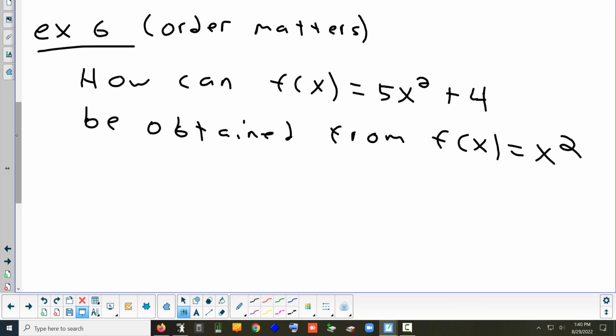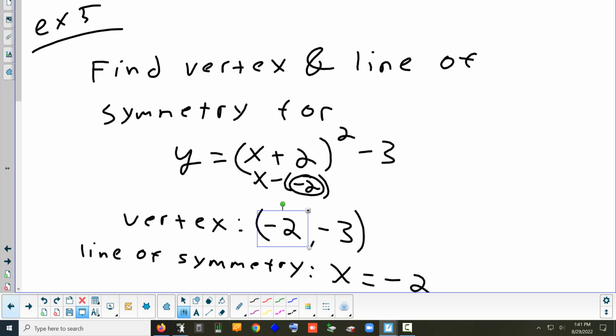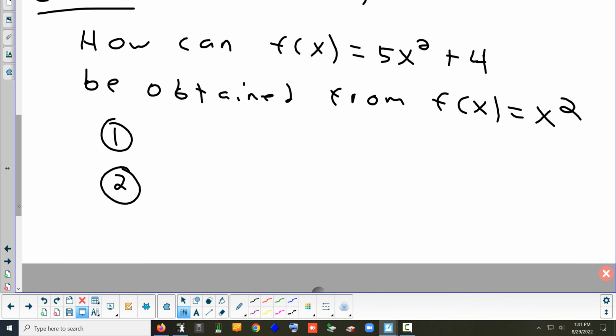There's 2. Let's start with horizontal shift. Do I have a horizontal shift in that problem? Nope, no horizontal shift. So what's the next transformation we can go to if we don't have that?